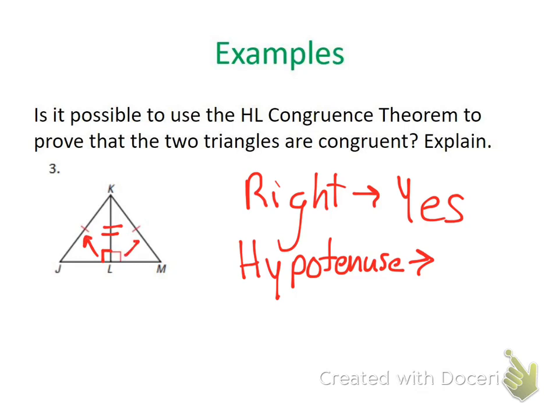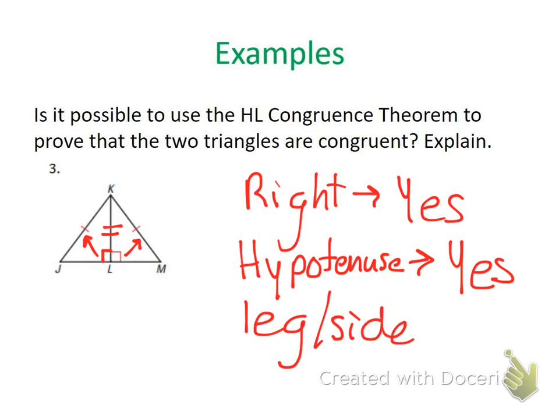That triangle's a yes. That triangle's a yes. And then, is there another leg or a side marked? Yes, because we have this marked. It's marked for this triangle and for this triangle. So this triangle is a big fat yes.